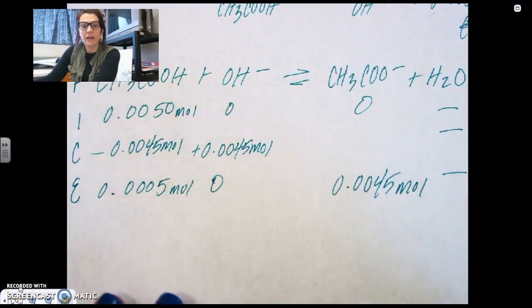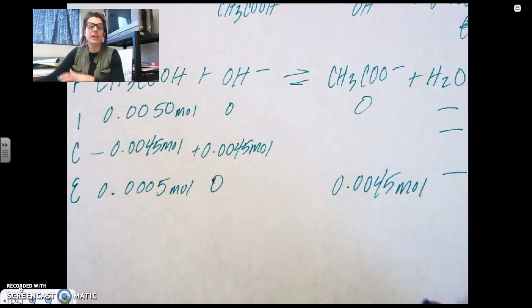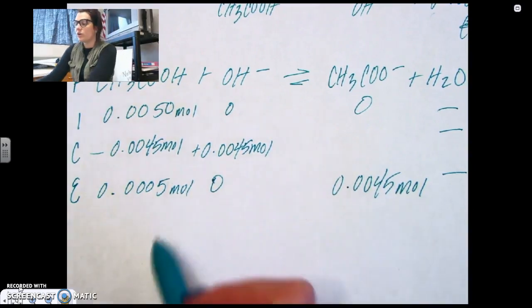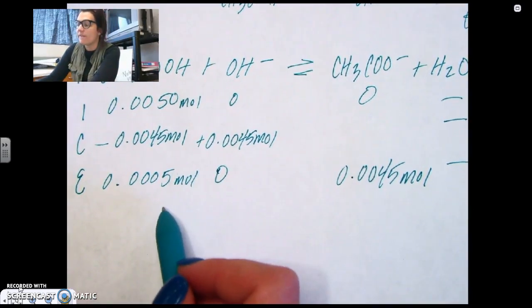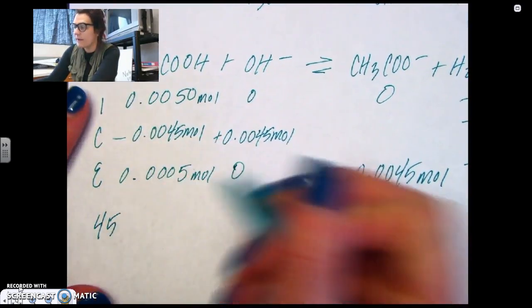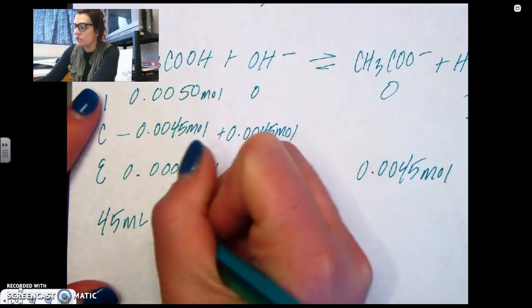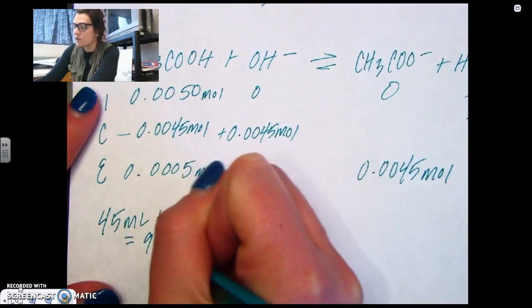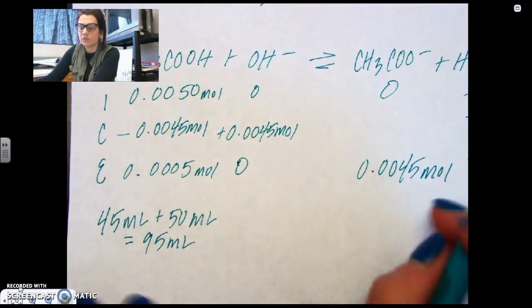To do that, I have to realize that I'm changing the volume, which means I'm changing the molarity. I no longer have this in 50 milliliters. I started with 45 milliliters of the sodium hydroxide and 50 of the acetic acid, so I'm now talking about a 95 milliliter solution.